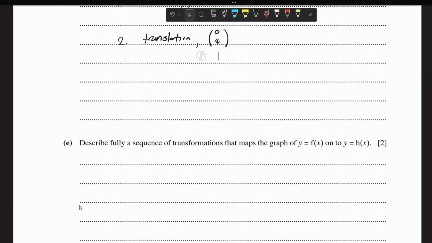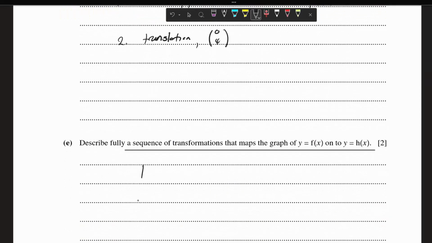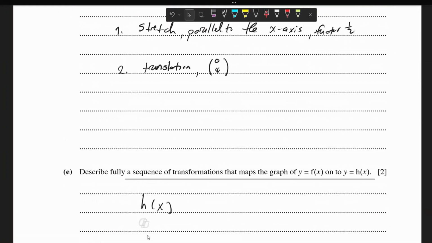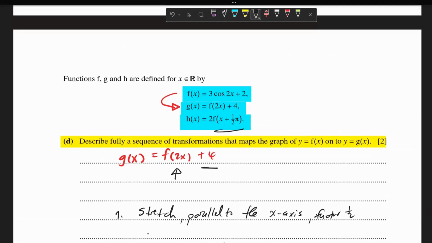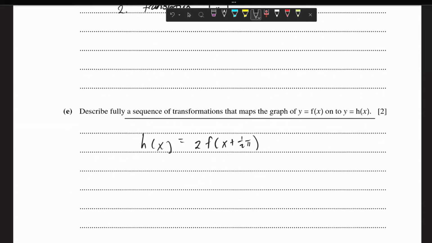Let's move on to part A, which says describe fully a sequence of transformations that maps f of x onto h of x. All right, so h of x, according to what we've been given, is 2 of f of x plus a half pi. So we start from inside.